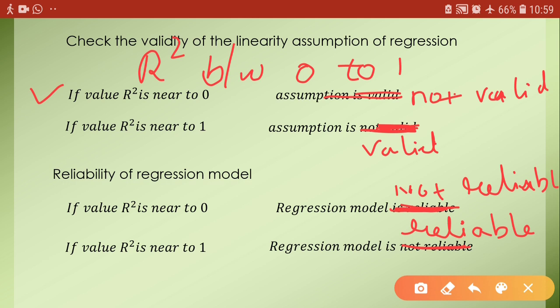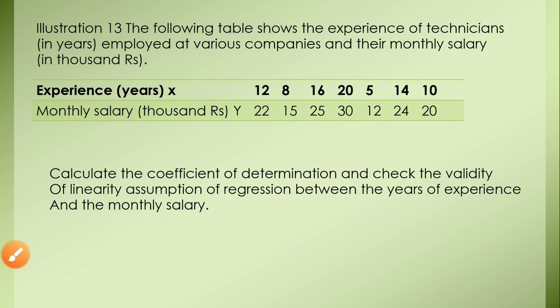I promise you there won't be any situation where you get exactly 0.5, because we don't have a solution. Even the textbook has not mentioned what to do if r square is 0.5. They have stated that r square should be near to 0 or near to 1. If you get 0.59, then obviously it is near to 1, because it is on the upward trend.